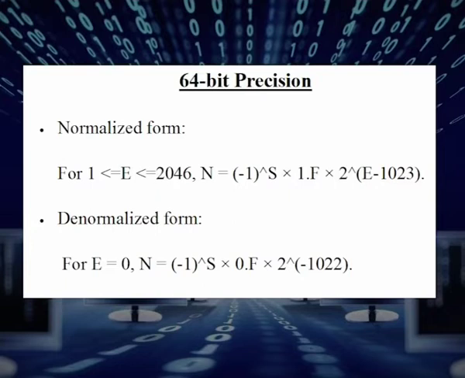For denormalized form, where e is equal to 0, n is equal to (-1)^s × 0.f × 2^-1022. We have a special case also, that is when e is equal to 2047, n represents special values such as plus or minus infinity or NaN, not a number. With this, our 64-bit double precision is over.